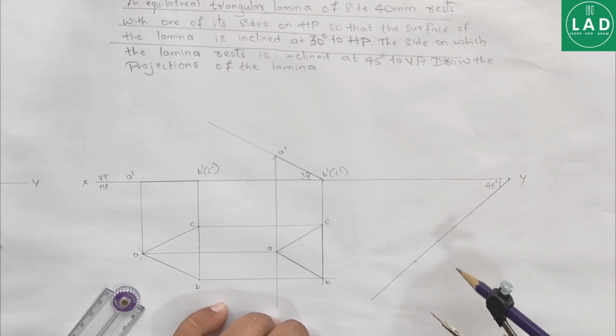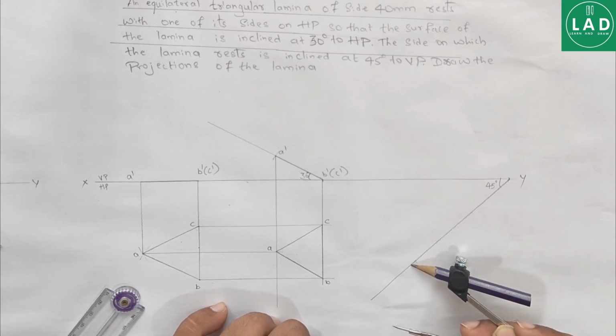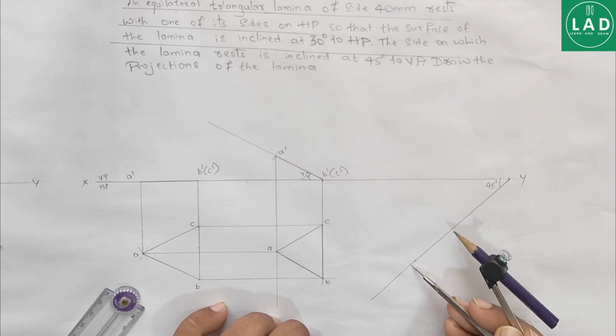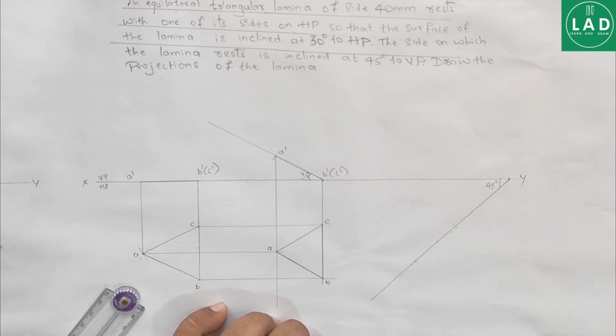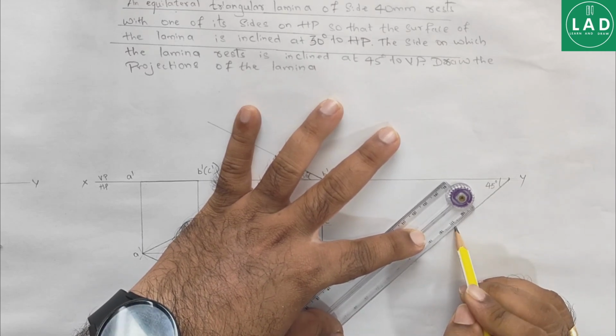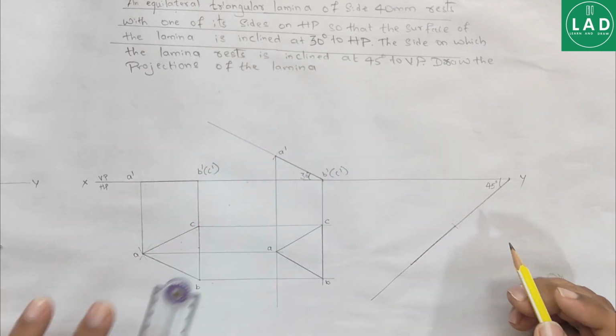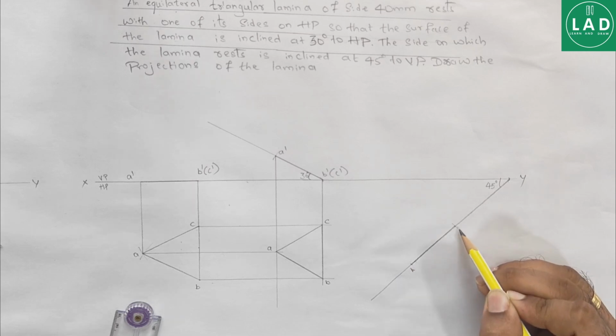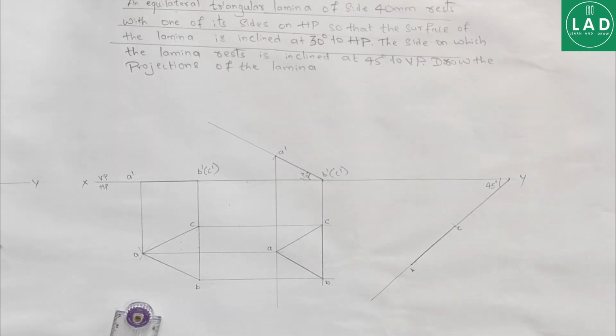So I'll mark a point here somewhere and draw this line like this. So next is, let's darken this one. Okay, so now this point here is B and this point is C. So next step is, let's complete this triangle.